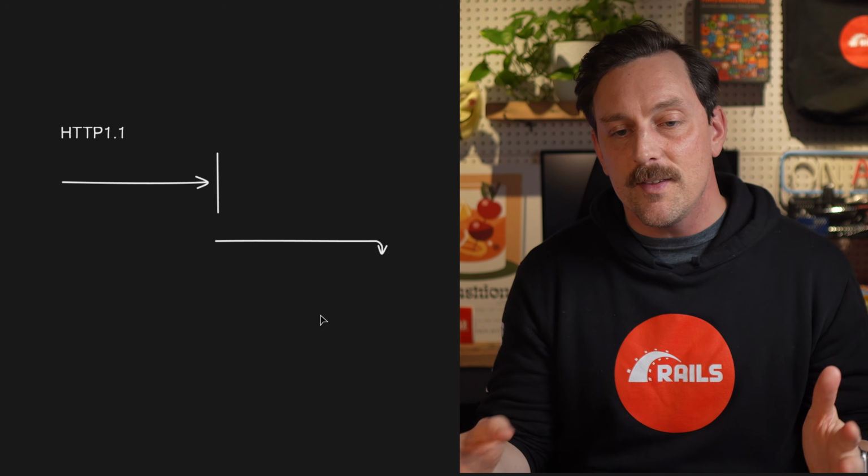Now you can imagine there was a big premium on the number of connections you would make to HTTP 1, because if you had a lot of files that HTTP 1 was trying to access, it would cause this long cascading list of file requests that were only being completed serially, not in parallel. Therefore, you had to try as hard as possible to reduce the number of requests your browser would make to get your assets. And that's what Sprockets did. It combined a bunch of stuff into one file as often as it could so that you had as few connections to HTTP 1 as you could.